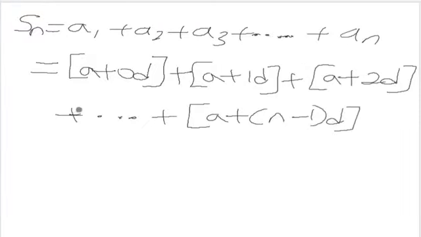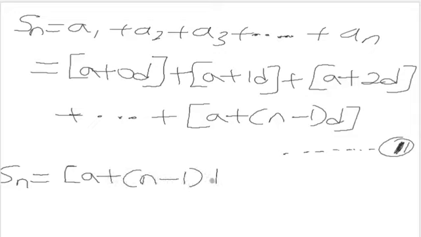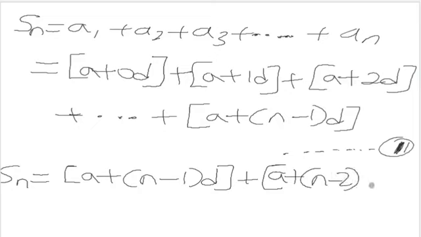Now we are going to write it in reverse order. This one is going to be our first equation, equation 1. When we reverse the order, Sn will now be A plus (N minus 1)D, plus the one that would have come before it, A plus (N minus 2)D, plus A plus (N minus 3)D.